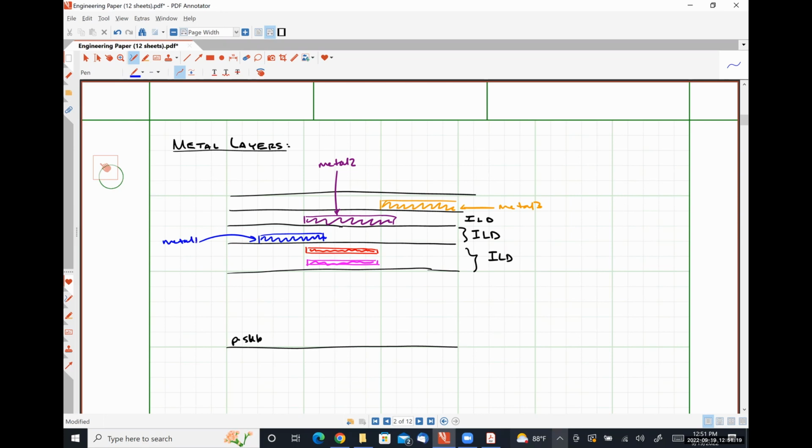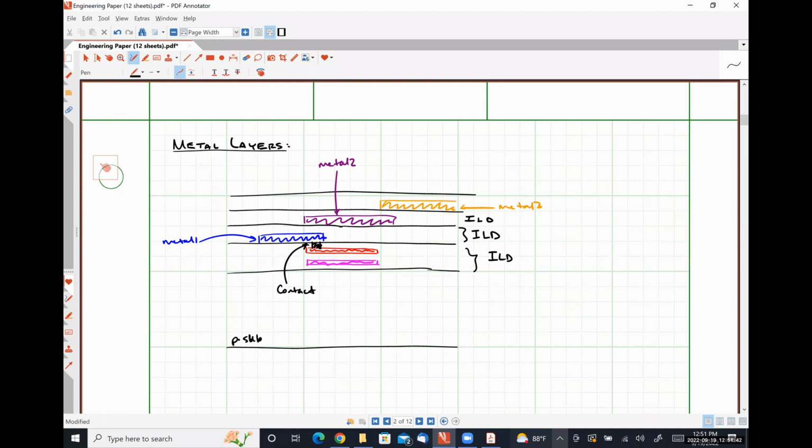All right, so if we want to make contact from metal 1 to either of the polysilicon layers, we use what's called a contact. Okay.